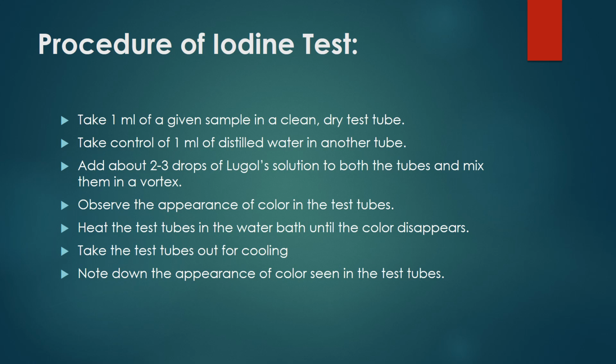The procedure of the iodine test: take 1 ml of the given sample in a clean dry test tube. Take 1 ml of distilled water as a control in another tube. This tube will be marked as blank, with no sample, just distilled water.